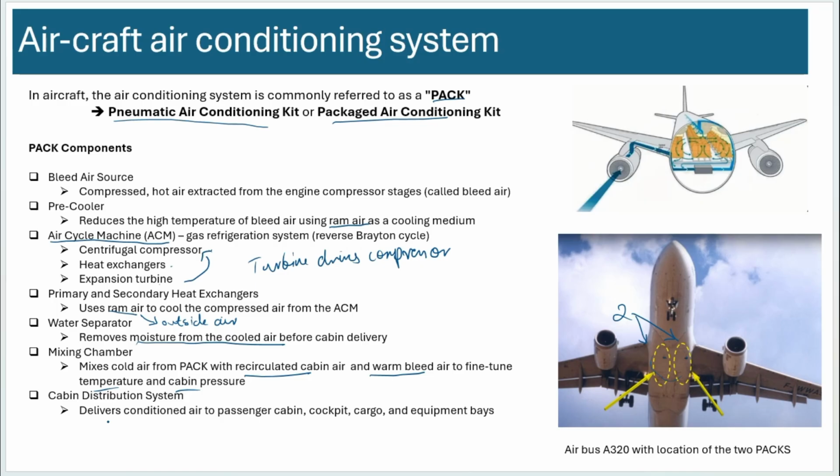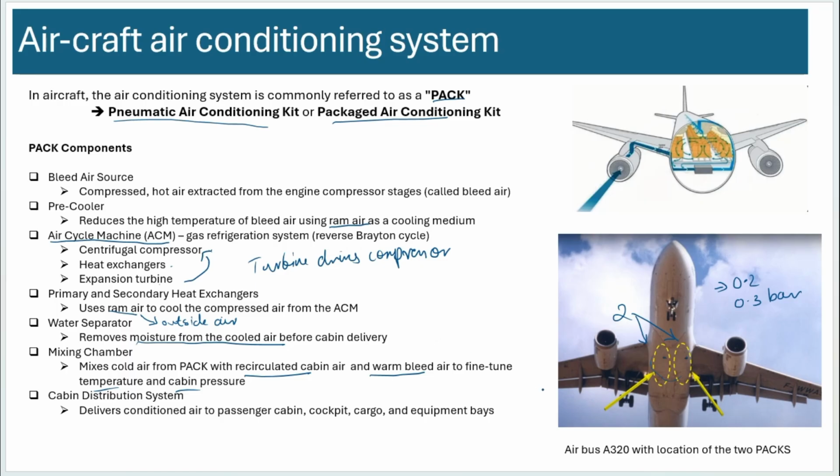In addition to that, you cannot use outside air to replenish the oxygen which the people inside are using, because outside is at a much lower pressure. Typically, the outside pressure will be like 0.2 to 0.3 bars, much lower than the atmospheric pressure of 1 bar. So you cannot directly use outside air.